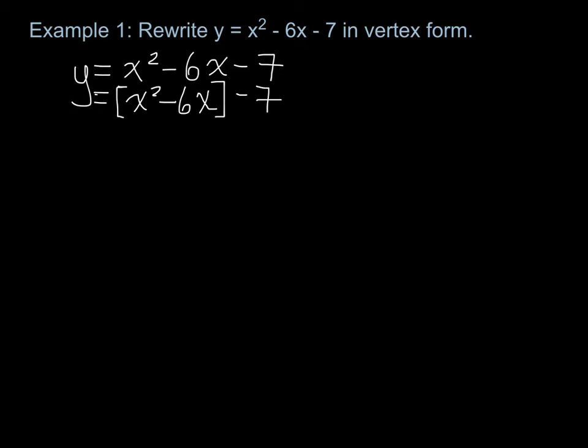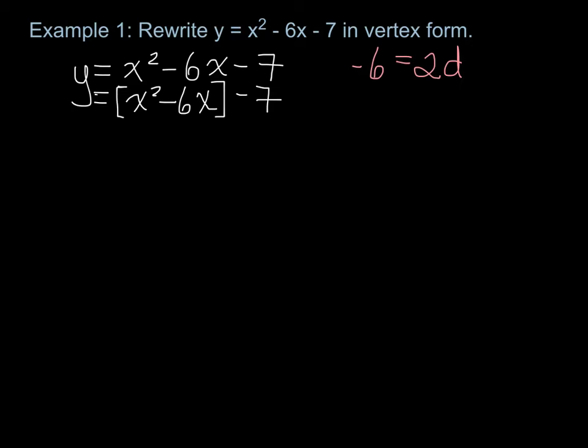So what do I need in order to make x squared minus 6x into a perfect square? So remember that your b term there, so in this case negative 6, is equal to the value 2d, because that's what my middle term is when I have a perfect square.